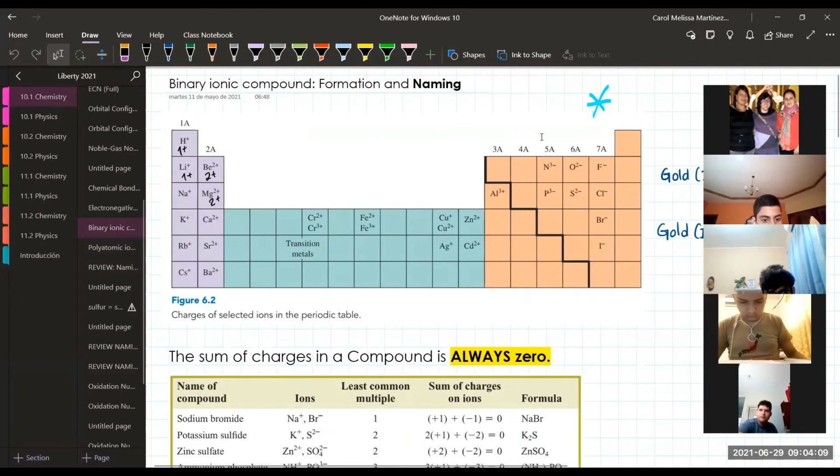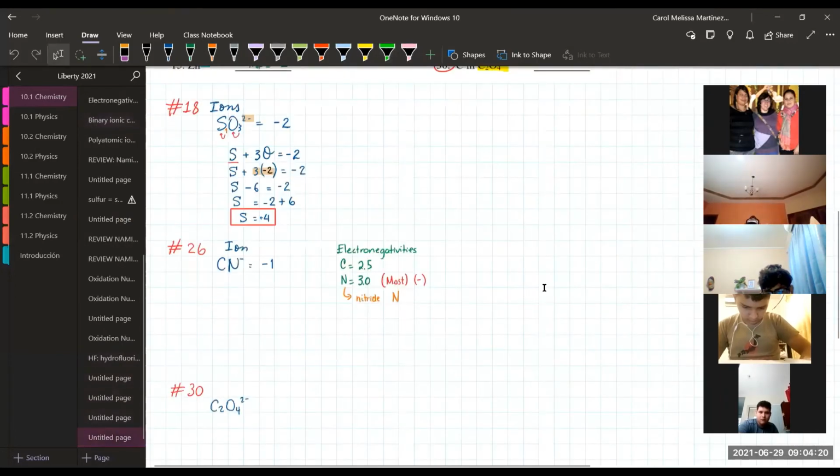Here, the nitride ion is right here. Take a look. So that means that for this case, nitrogen is going to be using the charge of -3. Okay? So with this value, we're going to be able to solve it.